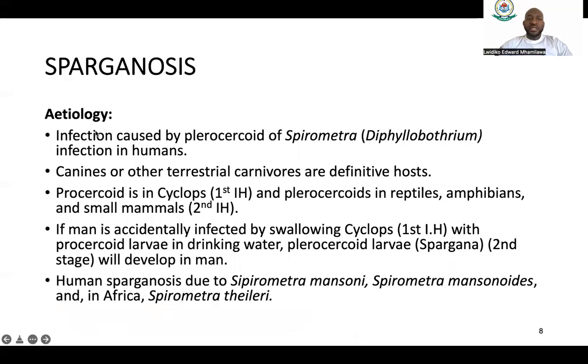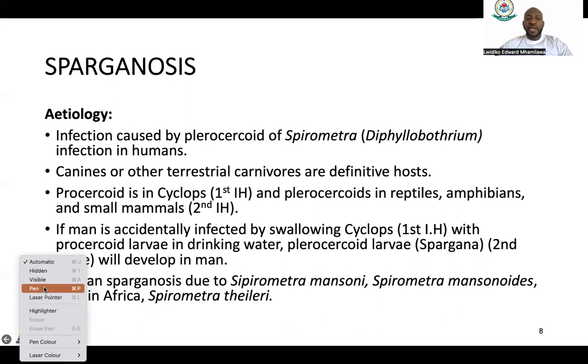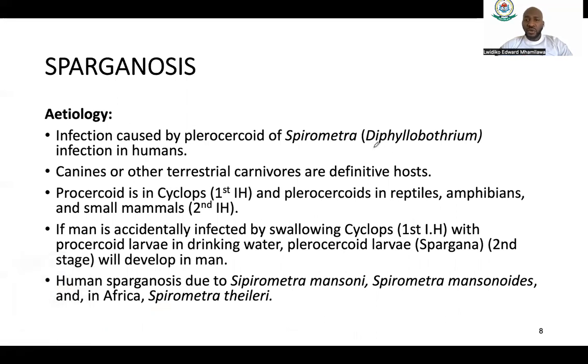Starting with sparganosis, this is an infection that is caused by a plerocercoid of Spirometra. Now, this is also known as Diphyllobothrium. Usually dogs and other carnivores, so canines, are the definitive hosts. The procercoid stage usually happens in Cyclops, which are the crustaceans in water.